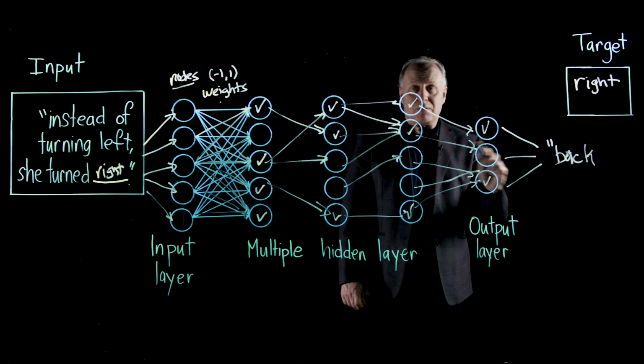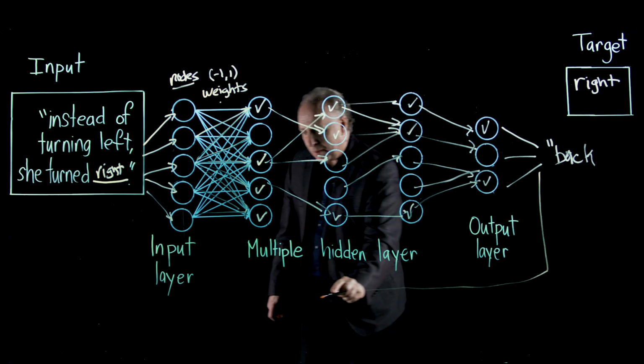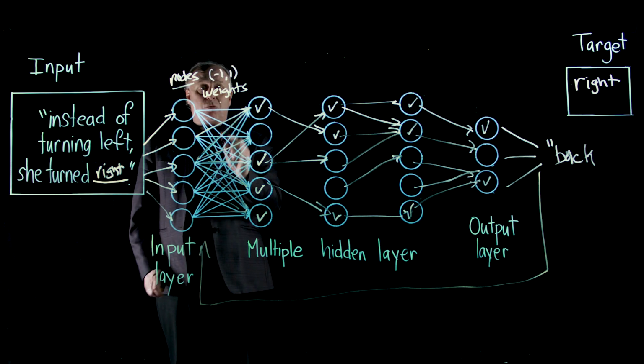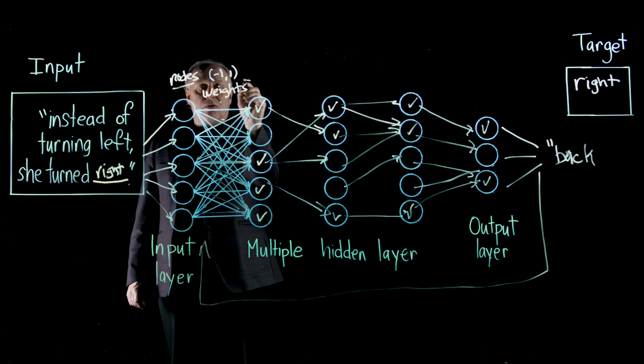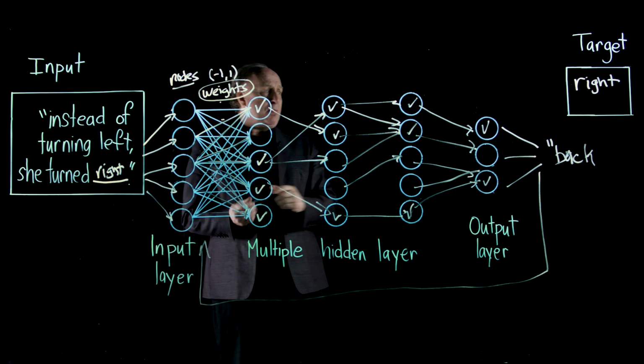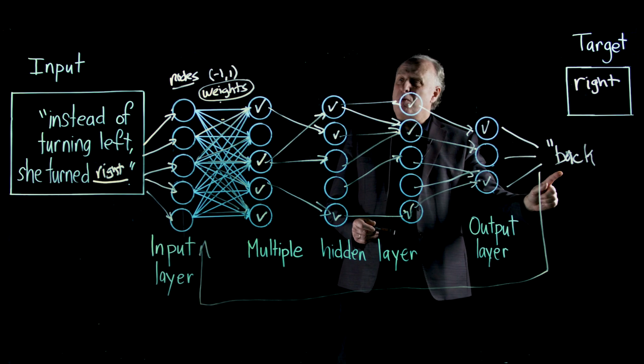So we have to go backwards now. We have to now take this model, and I'm going to take it all the way back to the input layer using this sentence. And what am I going to do? I'm going to start changing the weights, changing the weights so that the probability of the word right coming up is higher rather than the word back.